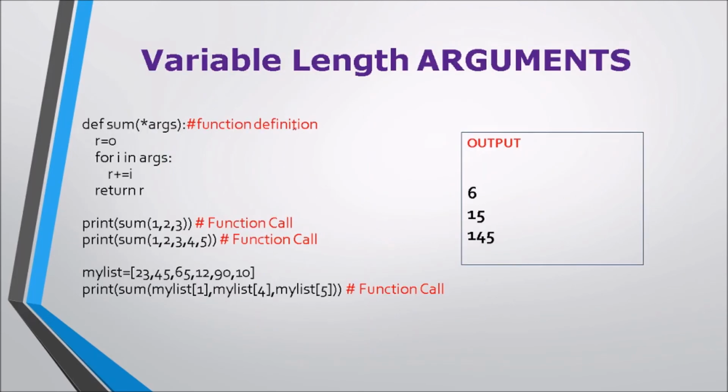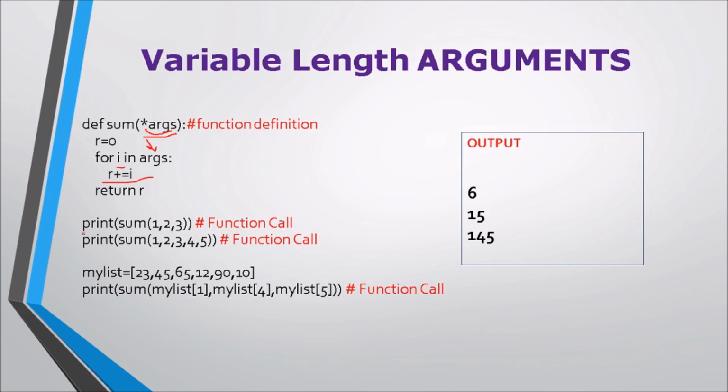Moving ahead, we have variable length arguments. When the number of arguments to be passed is not known, at that time we will write star args. You can see i is iterating over all the values of args which are provided, and finally it will calculate the sum of all the values, and the sum of all values provided is returned back.